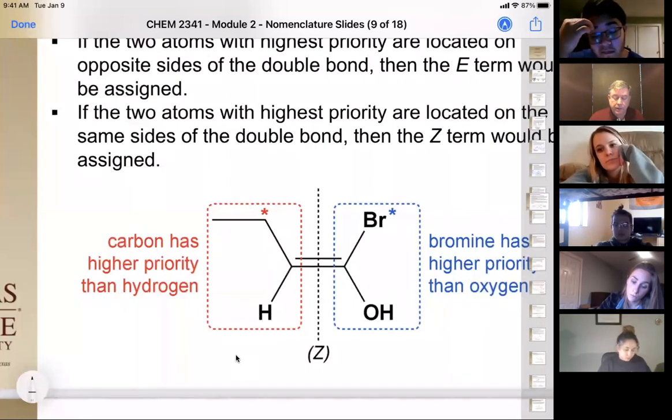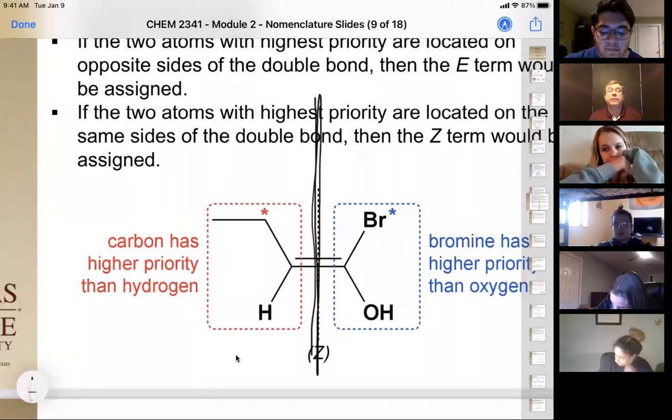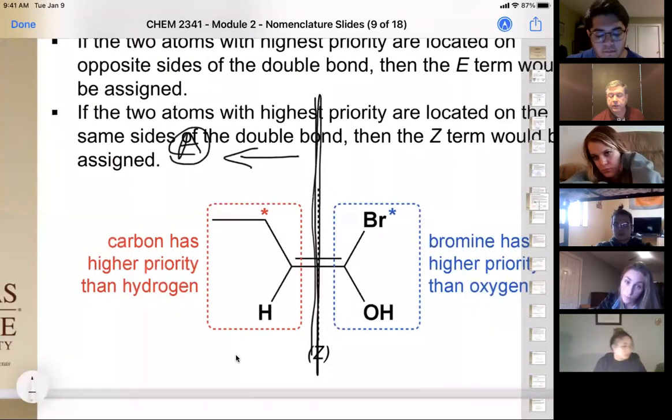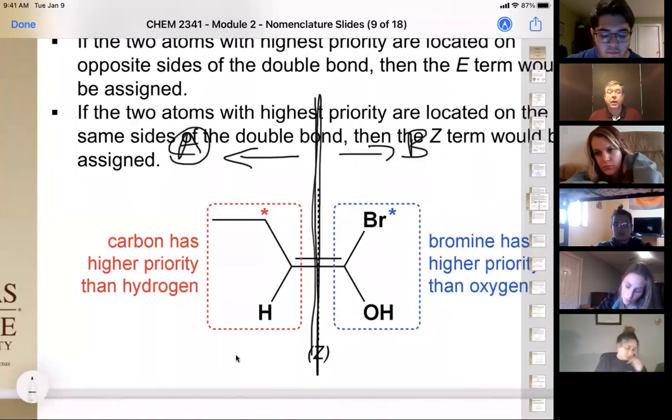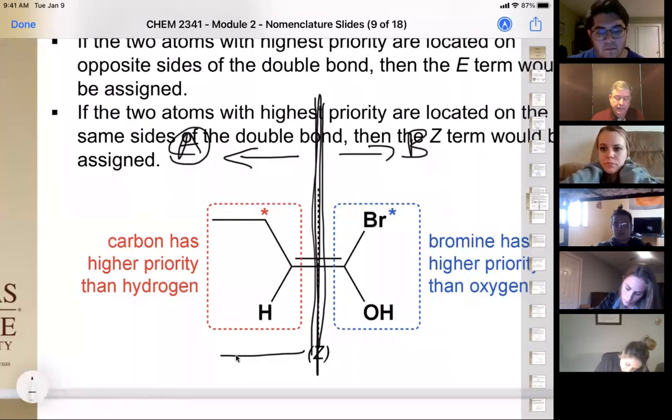First thing we're going to do is draw an imaginary line down the middle of the double bond, okay? And we're going to look at one side, the A side here, and then we're going to look at the B side, okay? So we're going to find the highest priority atom on that side and then identify it.